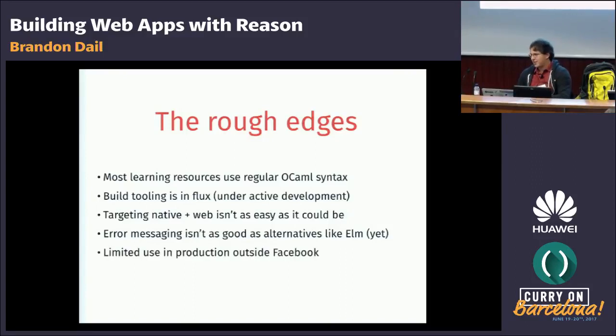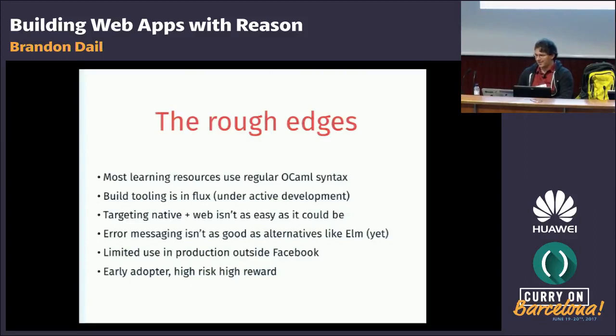As far as Reason goes, there is limited use in production outside of Facebook, who's developing Reason. OCaml itself has been used in a lot of contexts over the last 20 years and has shown itself to be a pretty proven technology and language. But Reason and BuckleScript have only really been around for at least a couple years, and the adoption is sort of rising, which means you're an early adopter, which inherently means that there's high risk, high reward.